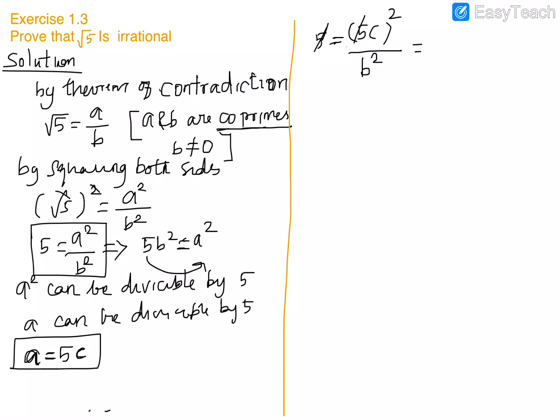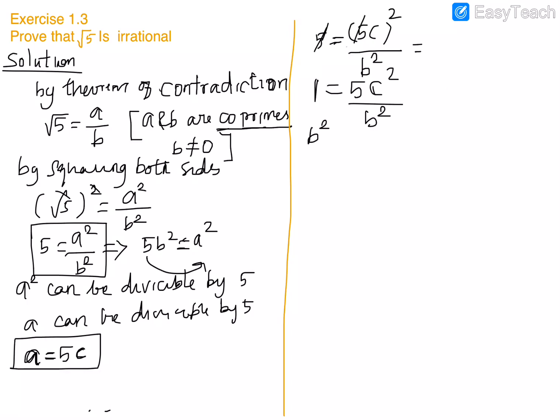In the next step, I have 1 equals, since 5 square has one 5 cancelled, one 5 remaining, so c square by b square.